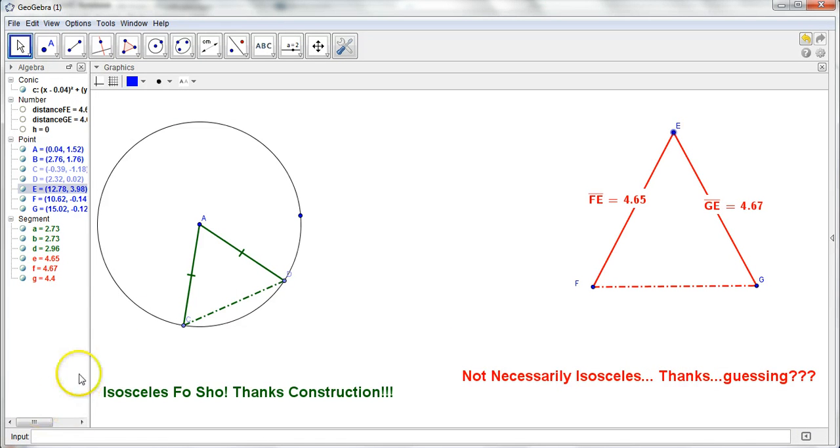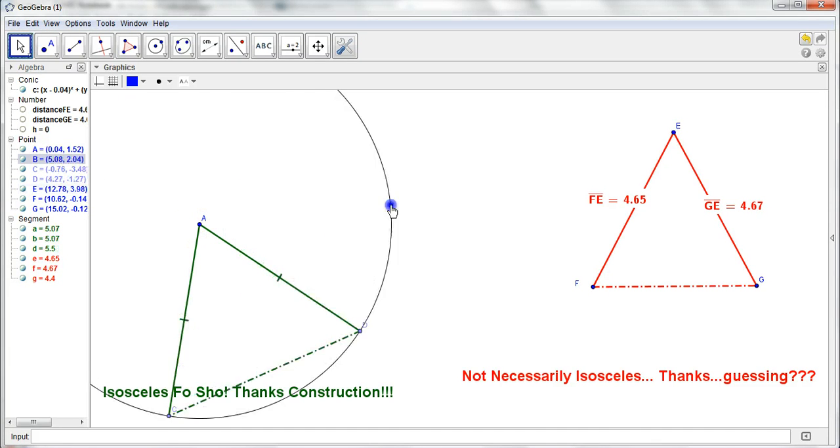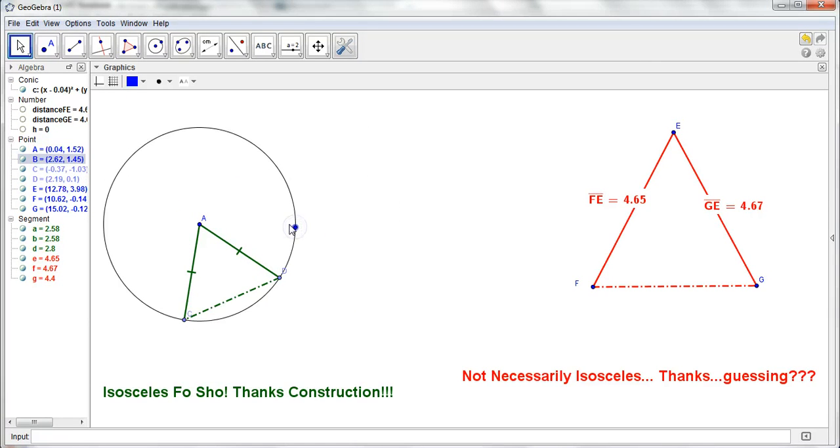So here's how we can think about this logic. We've got construction logic. How can I construct an isosceles triangle? Well, an isosceles triangle is just a triangle with two congruent sides, right? So if I construct a circle like I have here, any circle, and I draw two radii, which means segments that connect the center to a point on the circle, here's one radius, and here's a second radius.